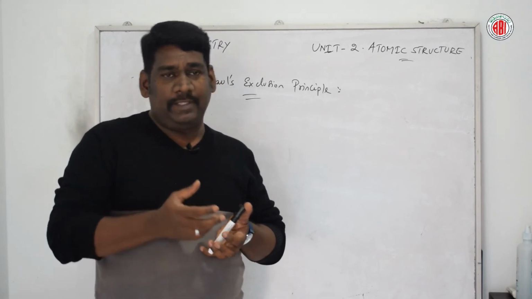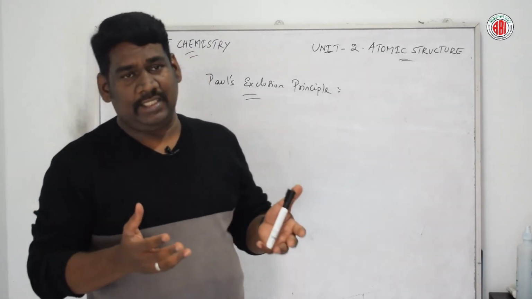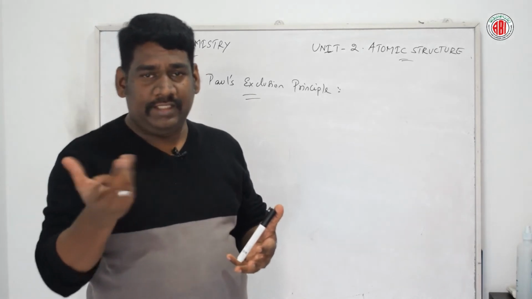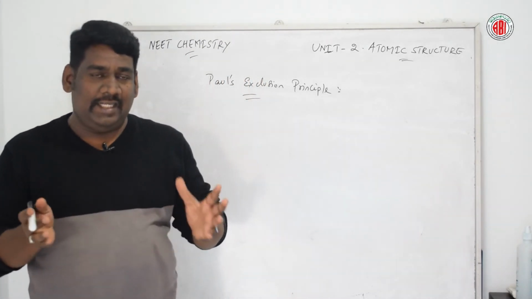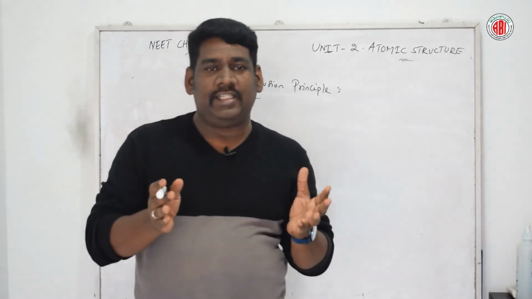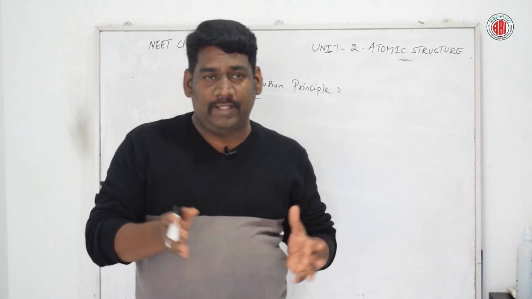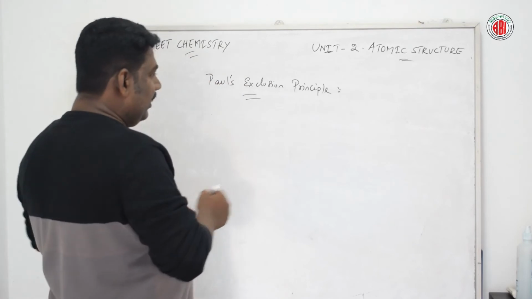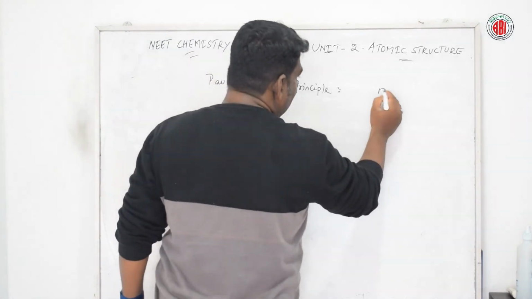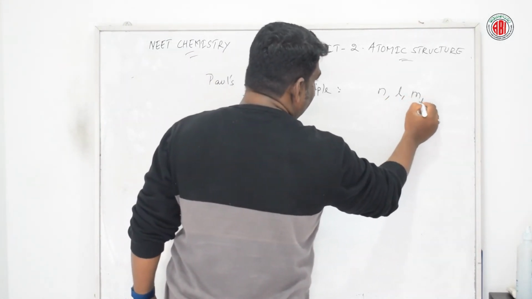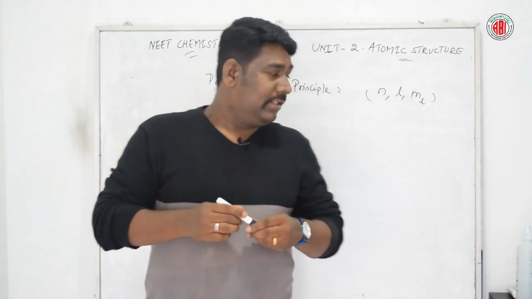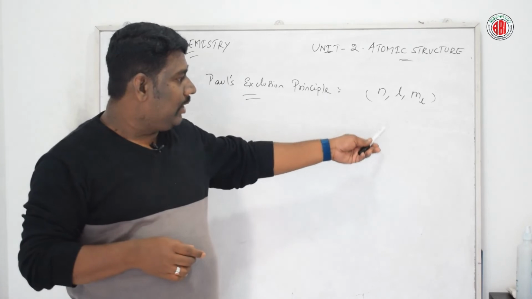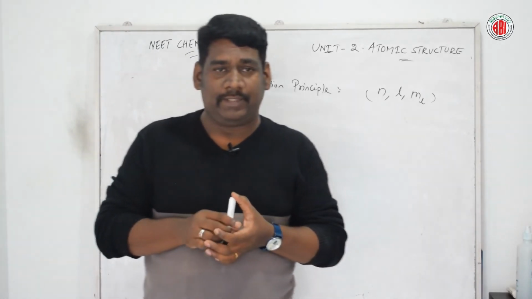This principle can be easily understood by showing it with examples. We have learned already that an orbital is specified by 3 quantum numbers only. An orbital is described by n, l and ml. These are the 3 quantum numbers: principal quantum number, azimuthal quantum number and magnetic quantum number.